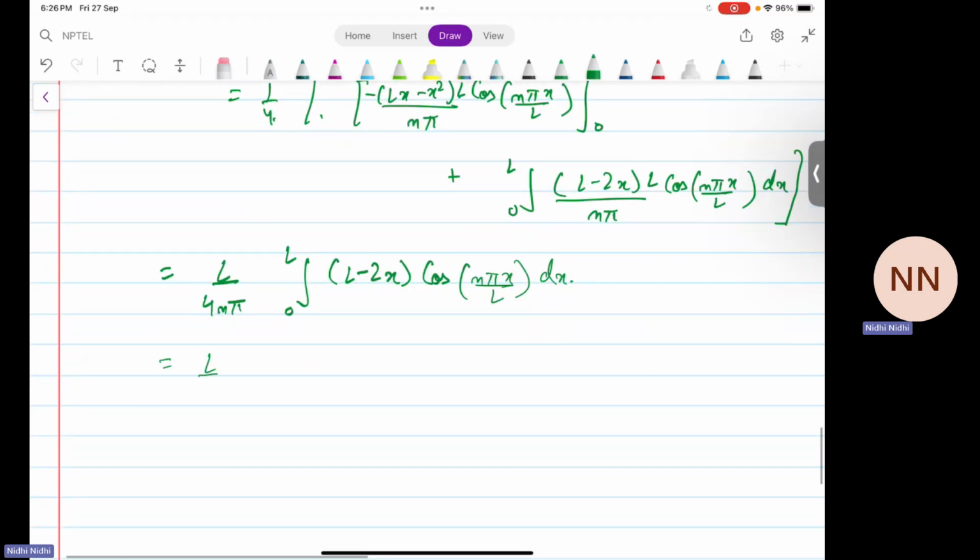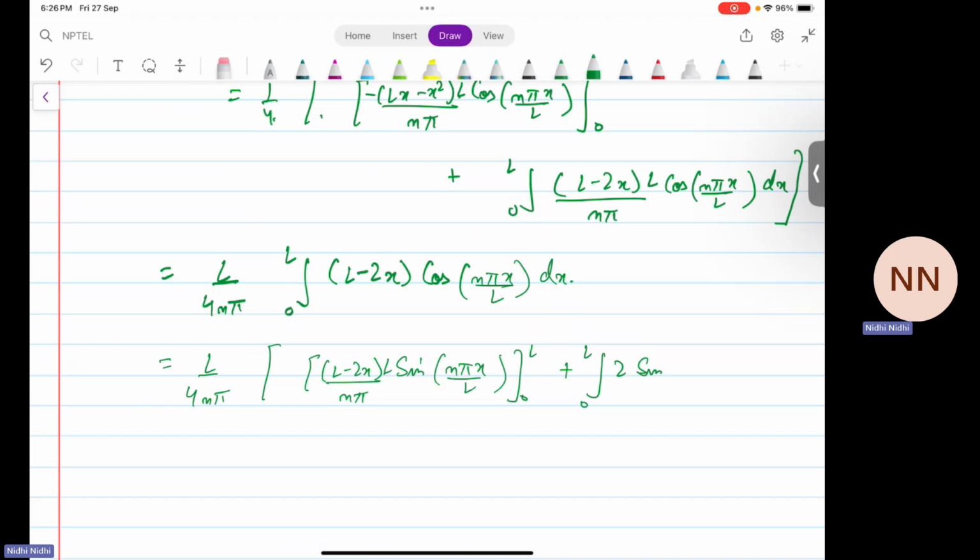This will give us L by 4nπ times (L minus 2x) as it is. Integration of cos is sin, so this will be sin(nπx/L) by nπ/L, from 0 to L, minus integration 0 to L. The derivative of the first term will give us minus 2, and the integration of cos is sin(nπx/L) by nπ/L, dx.